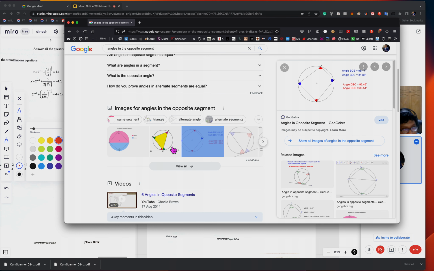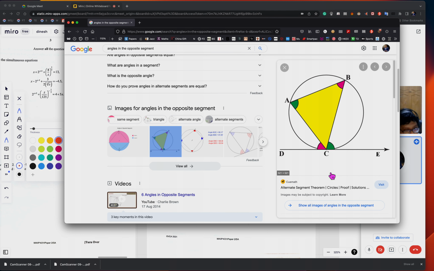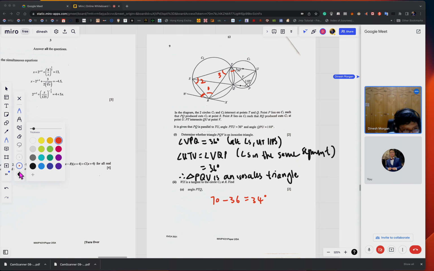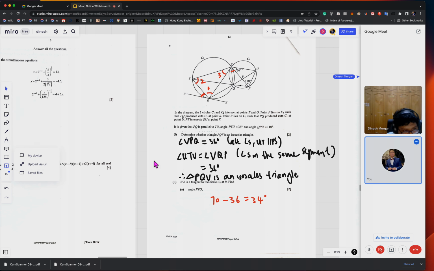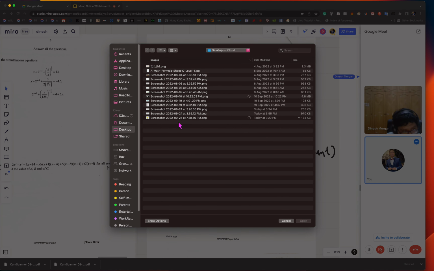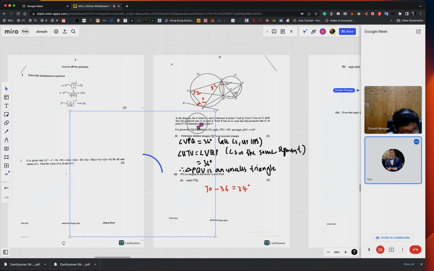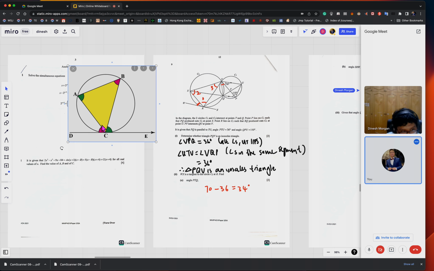Okay, let me just refresh your memory by giving you this example. We just upload this. Can you see the yellow color? So the green one is the 1, then this is the 2, then this is the 3.